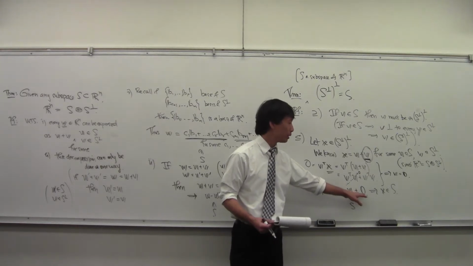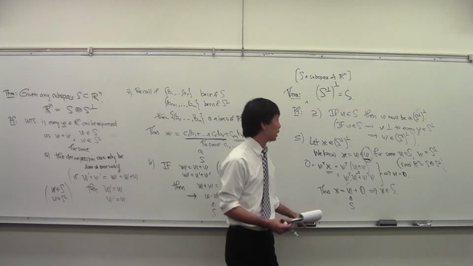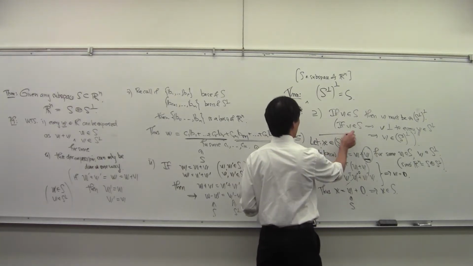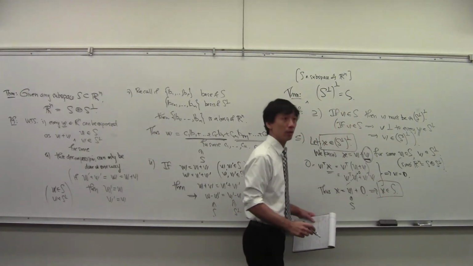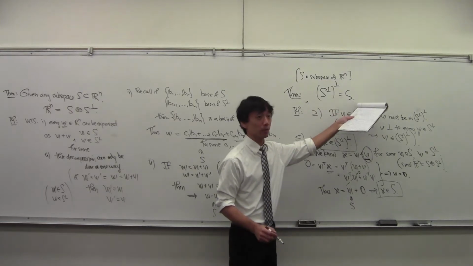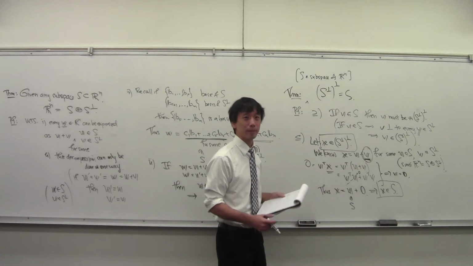The part that was in S perp actually turned out to be 0. So we see that if you are in S perp perp, then you are contained in S. Anybody in S perp perp is contained in S. In other words, we have containment going this direction.